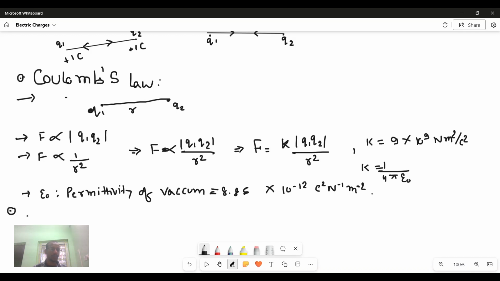If we want to write Coulomb's law in vector form, then it is given by F21 = k Q1 Q2 / |R21|² times R21 cap, where R21 cap is the unit vector.